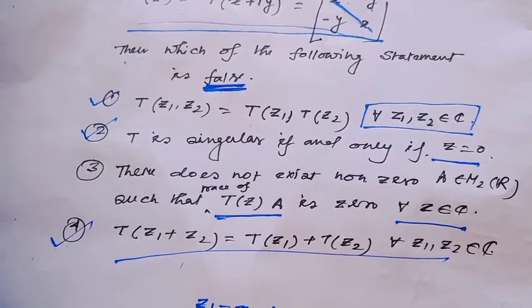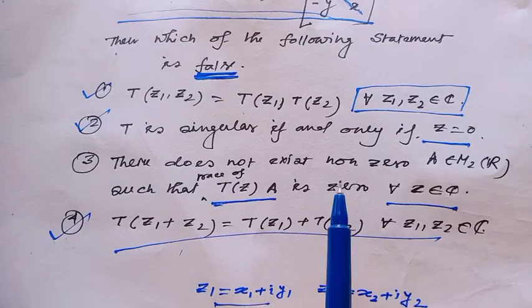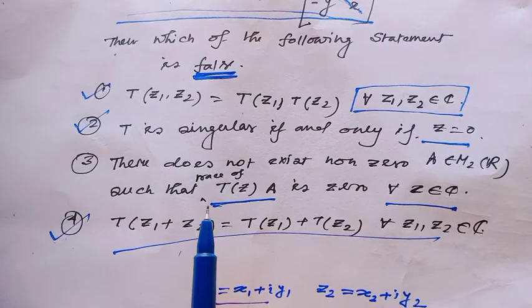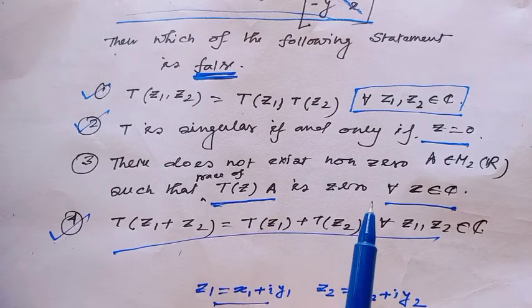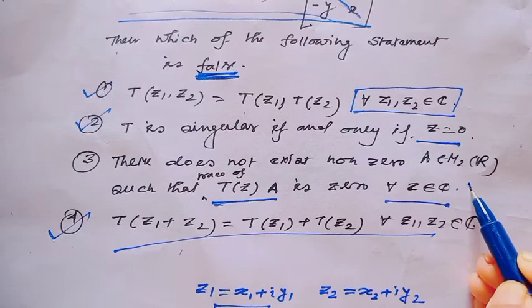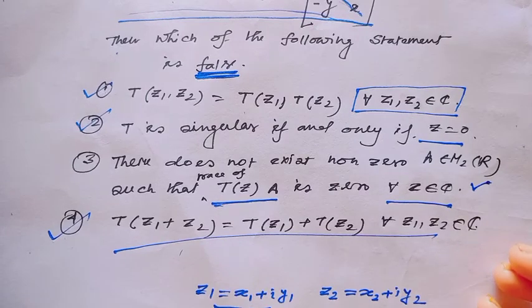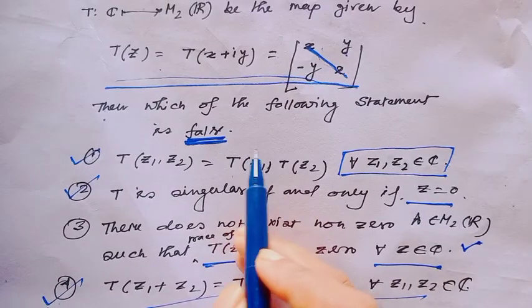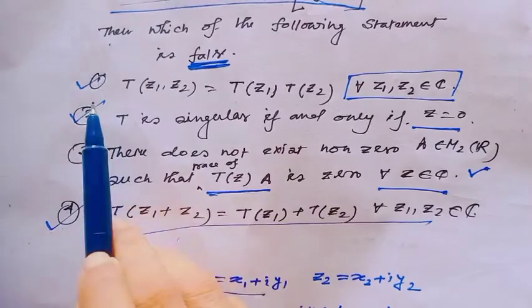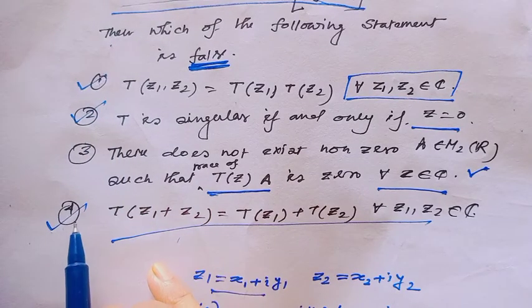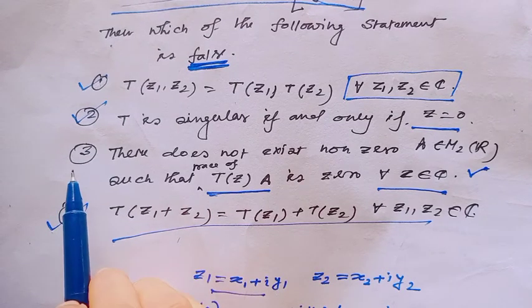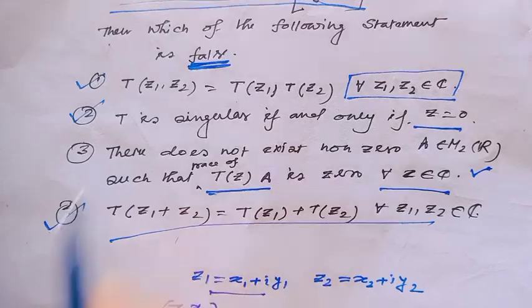And the third option indicates there does not exist non-zero A belonging to M2(R) such that trace of TzA is 0 for all z belonging to C. Obviously this is the option we want, because here we are asked which of the statements is false. I have seen 1, 2 and 4 are right options. Since these are right options, the only false option is 3.